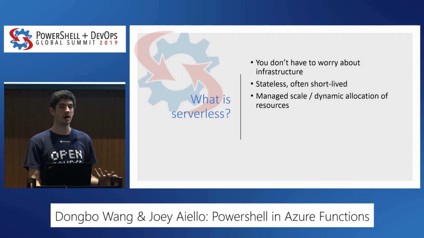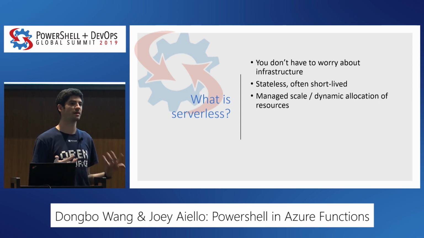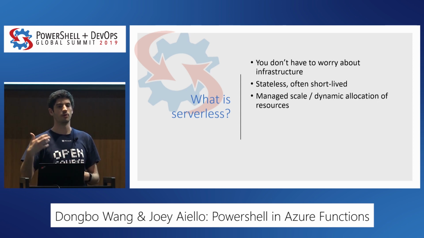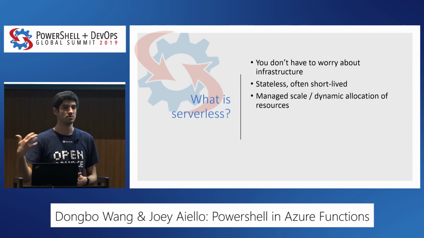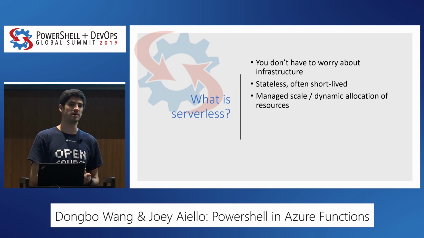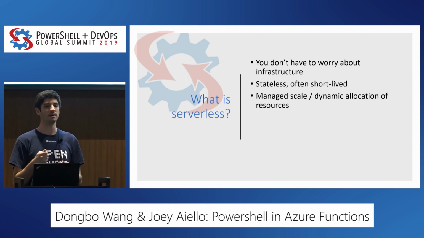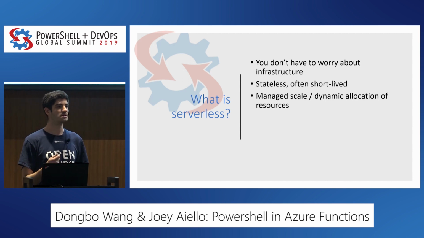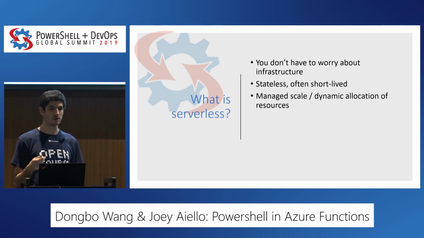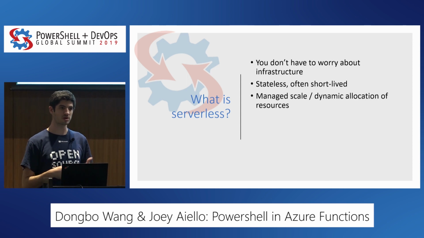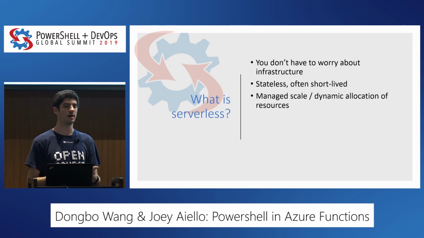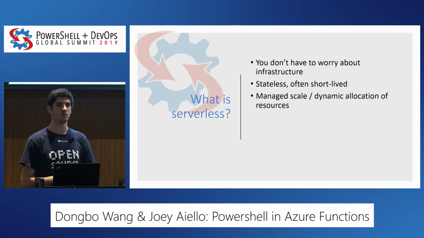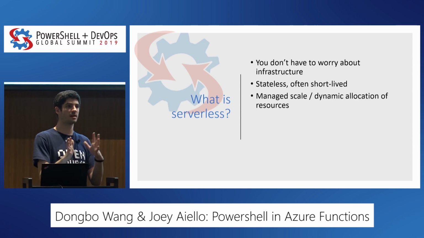Typically, the scale is managed in serverless architectures, so you get this dynamic allocation of resources where more resources are available as you need them and less are available as you don't. Typically, this means you have a latency trade-off. So because the infrastructure is not always available, like I mentioned those cold starts before, sometimes you have to spin up a fresh run space in order to begin executing code. So there's sort of a latency versus dynamic allocation trade-off.